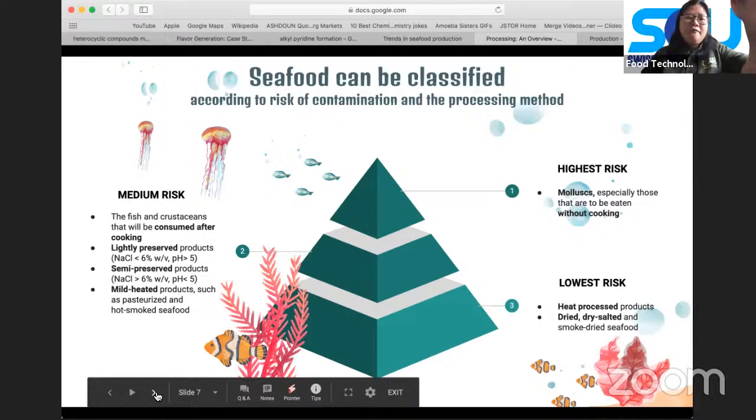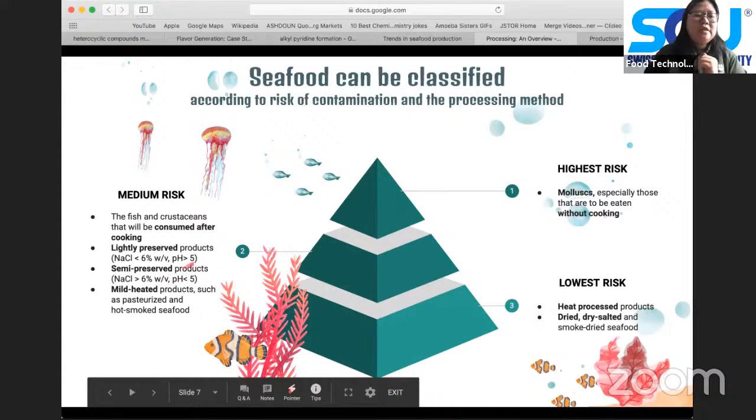And then the third group is the lightly preserved product with a salt content less than 6%, and the pH usually is still quite high, which is above 5. In the fourth group, you have a semi-preserved product.